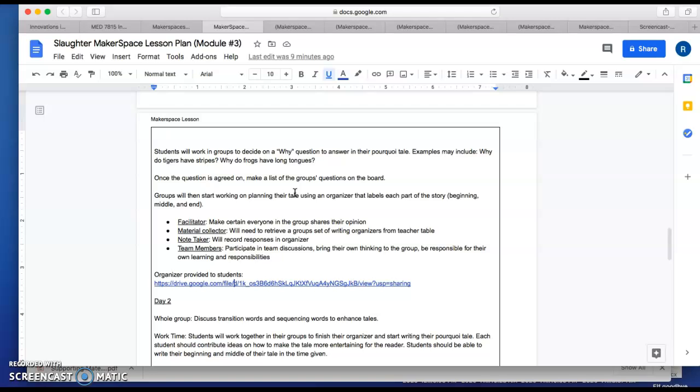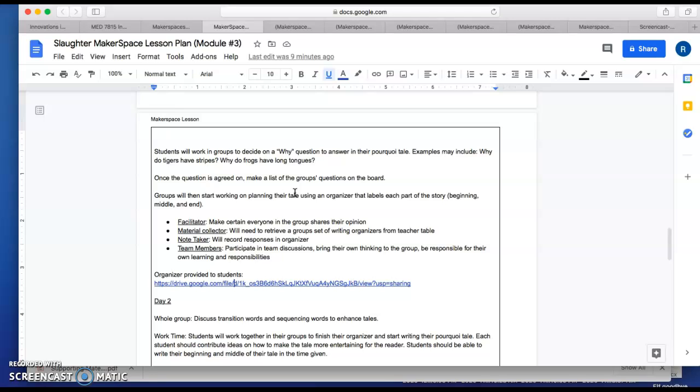So we have the Facilitator, who is going to make certain that everyone in the group shares their opinion and participates. The materials collector is going to retrieve a set of writing organizers from the teacher table. The note taker is going to be all students. I decided that rather than just having one note taker, it's necessary for all students to record.